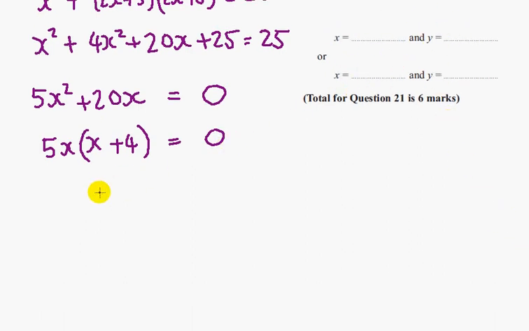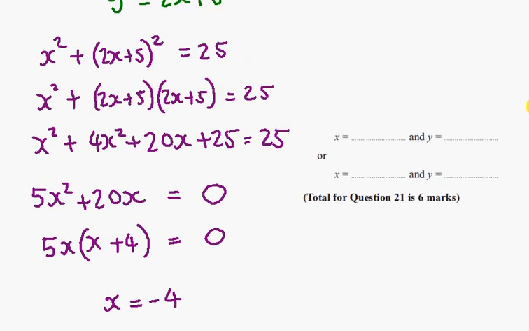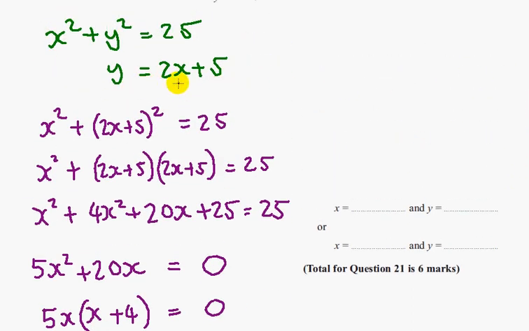So, if we were to make this inside bracket 0 first of all, to make the whole thing 0, x would have to equal minus 4. Now, if x is minus 4, we have to figure out what y is. So we're going to plug minus 4 into the second equation here.